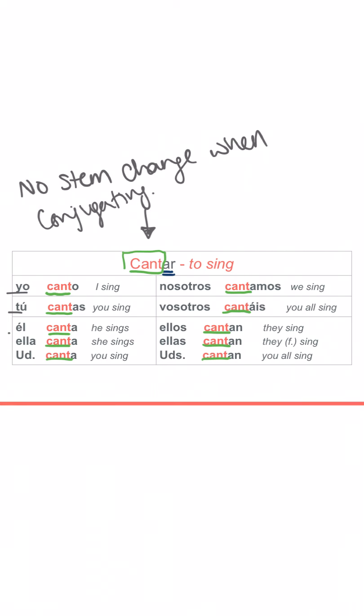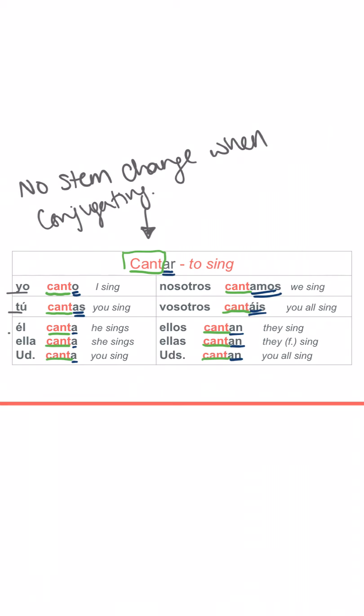Okay, so remember, we wrote down those stems, and in the previous slide, they mentioned how we needed to include a new conjugated ending. And those were as follows. The o, as, a, amos, áis, and an. So it goes just in order as we read them.